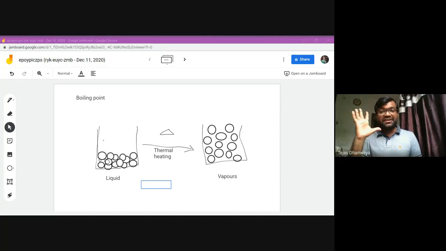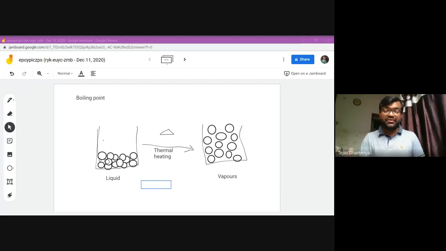The perfect definition is: it is the temperature at which the vapor pressure of the given liquid equals the atmospheric pressure. That temperature is termed as the boiling point.